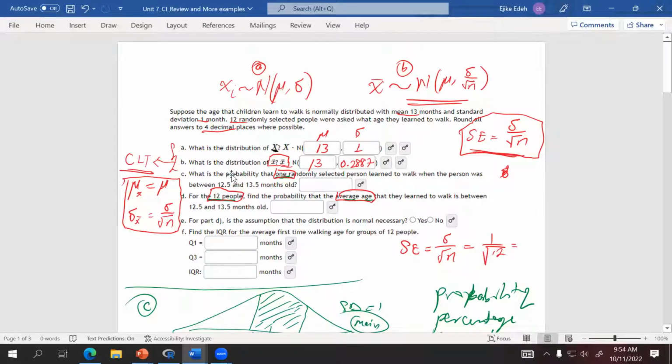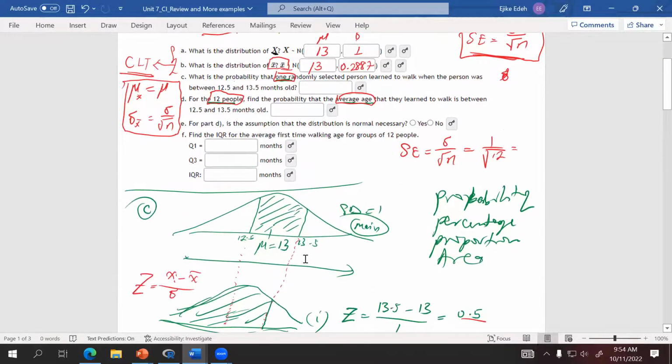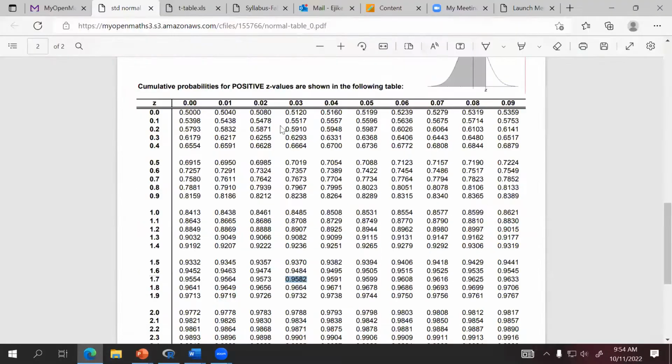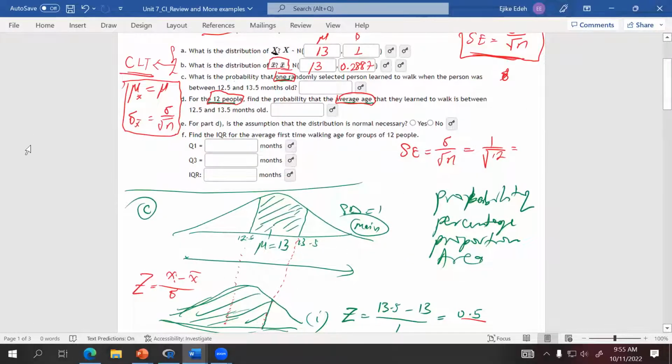Since it is less than 30, and you're answering this question using a table that denotes a normal distribution, the only way you could make that jump from data that is less than 30, which may not be normal, to one that is normal, is to assume normality. So for question E, if the sample size is less than 30, yes, you have to assume normality.